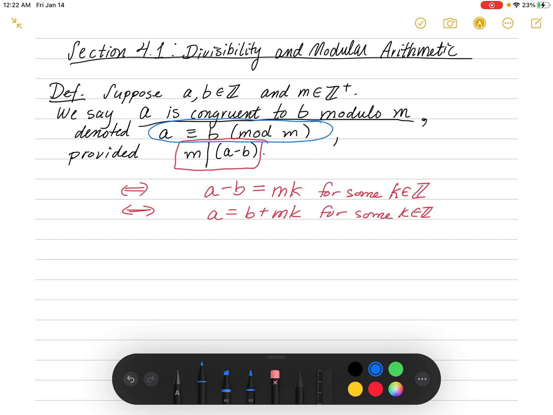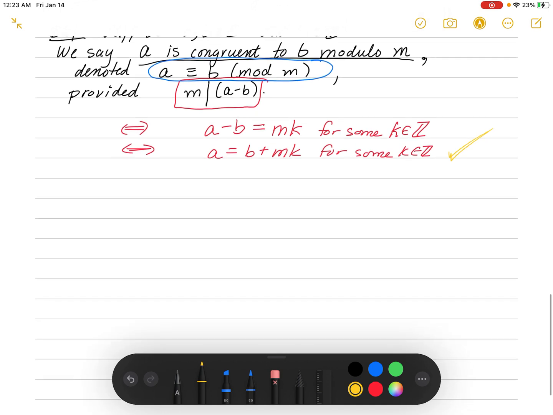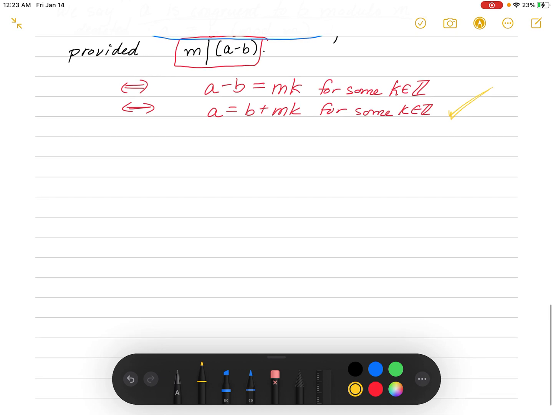So a is congruent to b mod m I have circled in blue, and you have these other ways to say it: m divides a minus b, a minus b is a multiple of m, or a equals b plus a multiple of m. I think probably the last one, I'm going to check here in yellow. That might be the most useful one for us. I don't know what you find most useful, but that's the one I find the most useful.